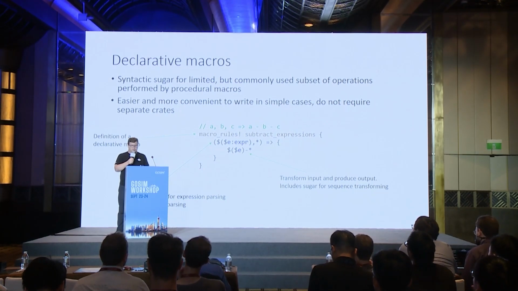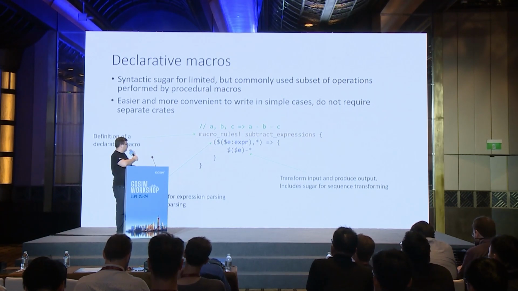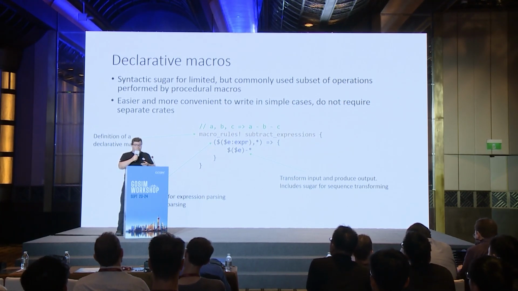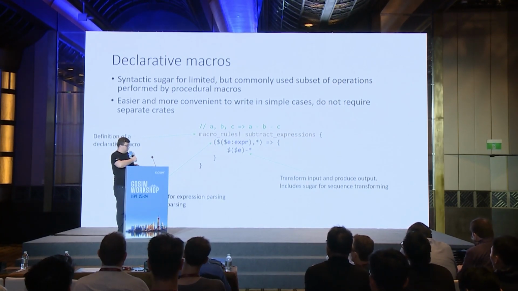For example, in this declarative macro, we can see some syntactic sugar for parsing input. For example, here we parse tokens as an expression, and here we parse tokens as a sequence, comma delimited. And we also see some syntactic sugar for producing output and processing this input. For example, here is the syntax for transforming a sequence.